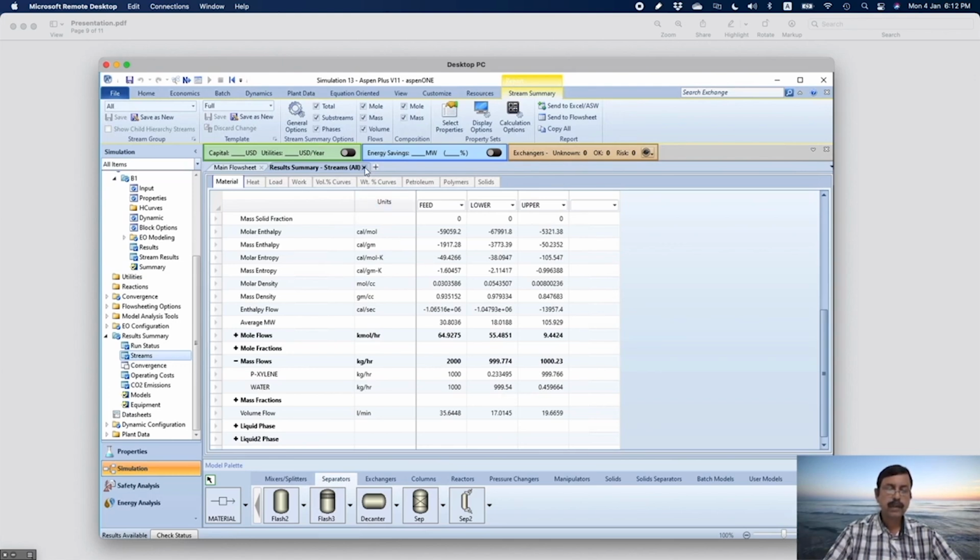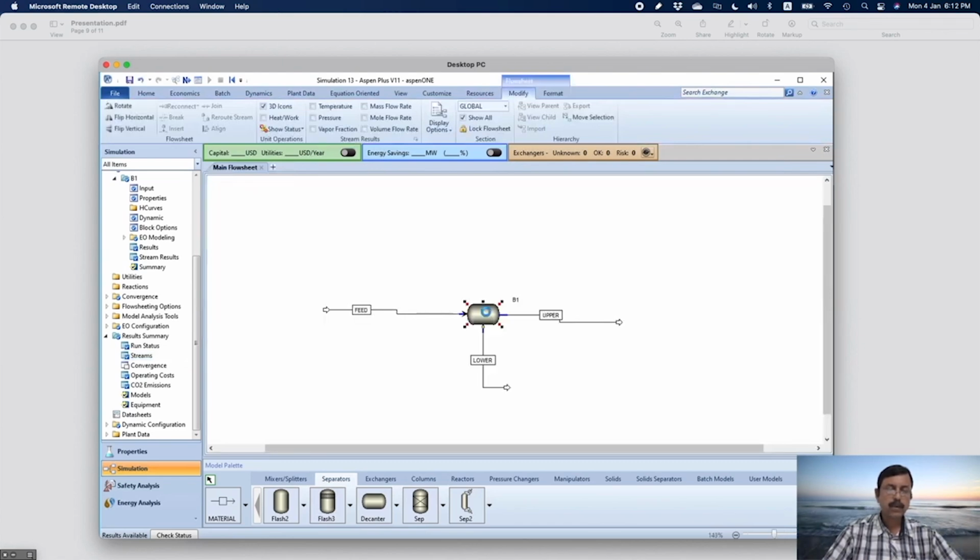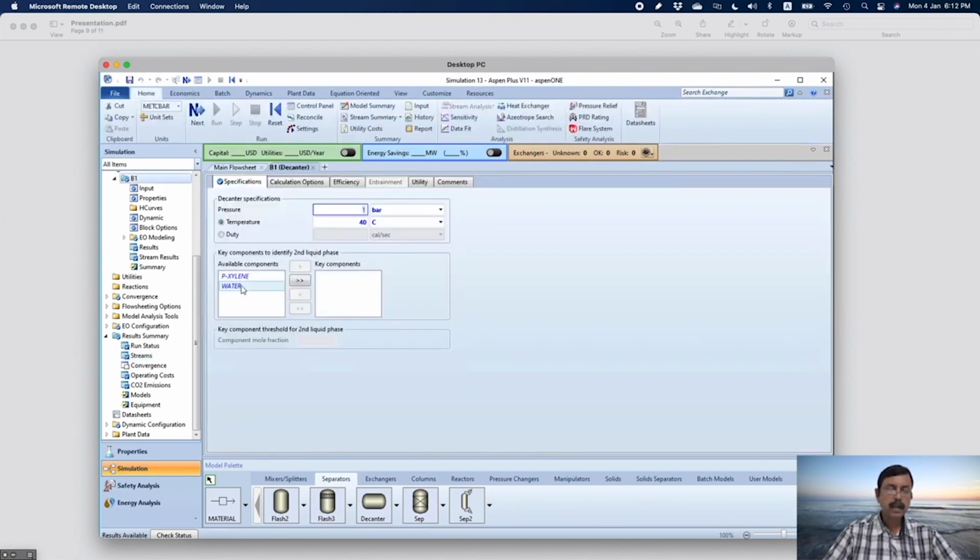Now if you choose otherwise, if you say that no, I want the paraxylene to be the key component for second liquid phase, then it will just toggle.